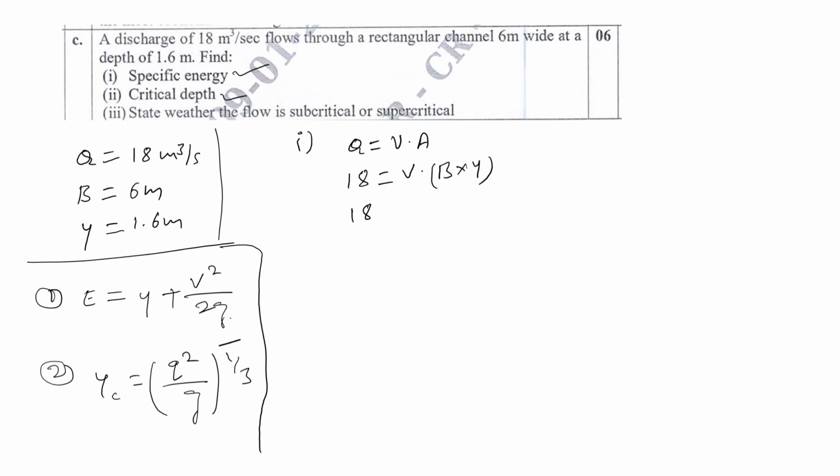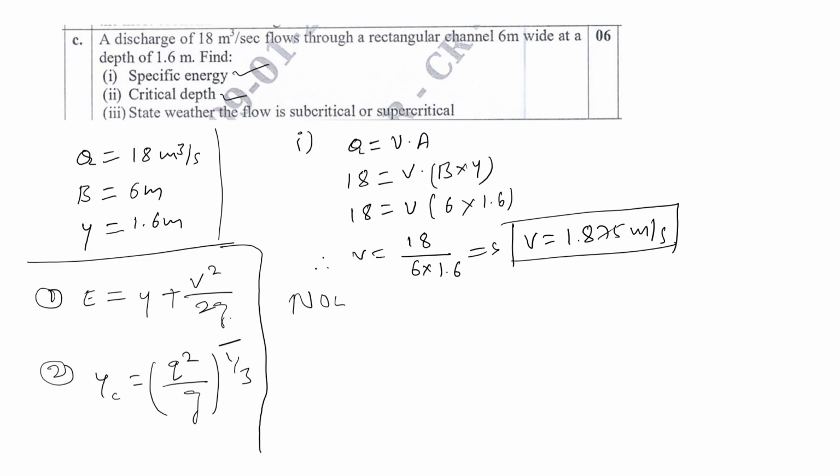So 18 is equal to V as it is, width is 6 meter and depth is 1.6 meter. Therefore, we will get velocity V is equal to 18 divided by 6 into 1.6. After solving, the velocity equals to 1.875 meter per second.